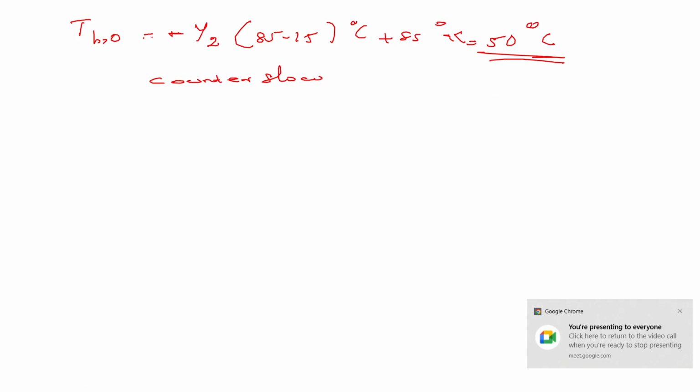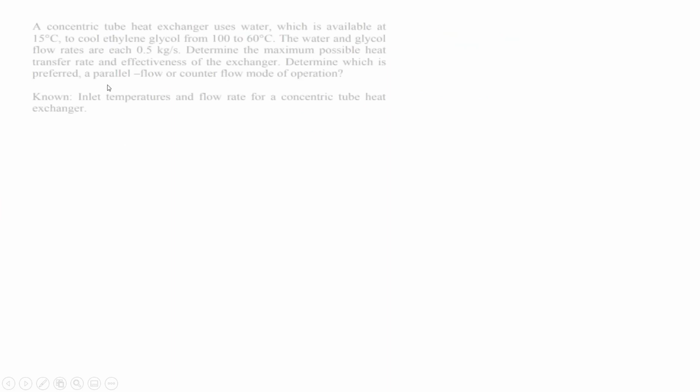So this will be the counterflow temperature. Now if you are doing parallel flow operation, the hot and cold outlet temperatures will be equal. So that is the parallel flow condition. In the parallel condition, T_c,o will be equal to T_h,o.